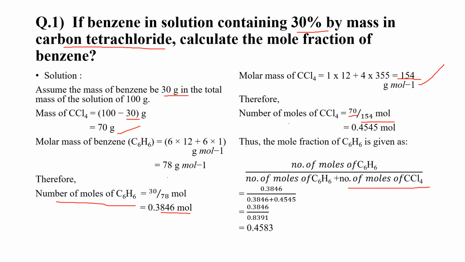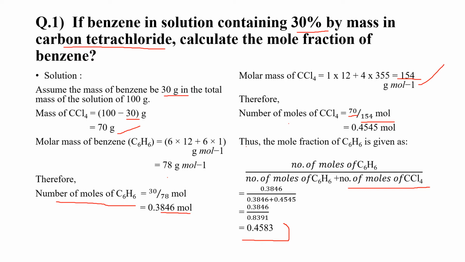On adding these two, we will get 0.839, and on dividing 0.3846 by 0.839, we will get the mole fraction of benzene, that is 0.4583.